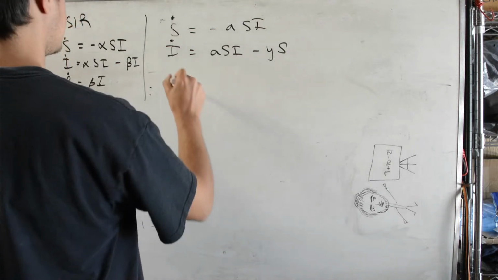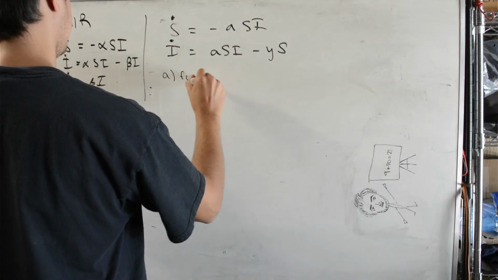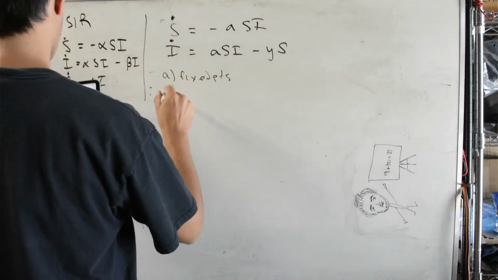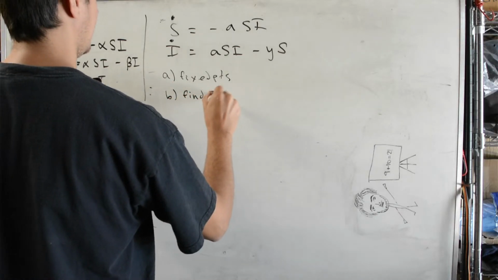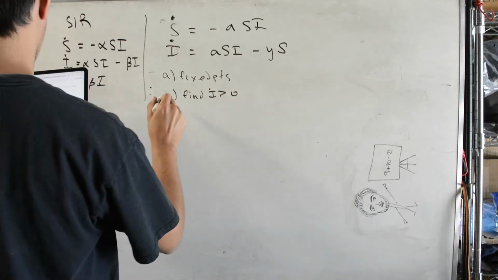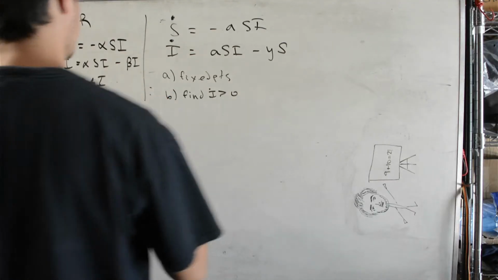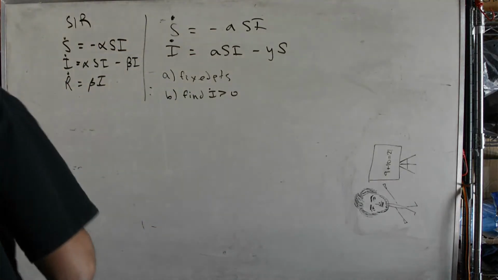So the first thing is fixed points. And the second thing is find I dot greater than 0. And then, okay, so this is the same problem as the last one.